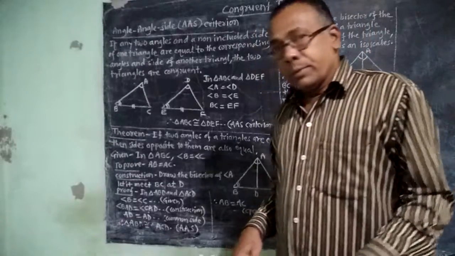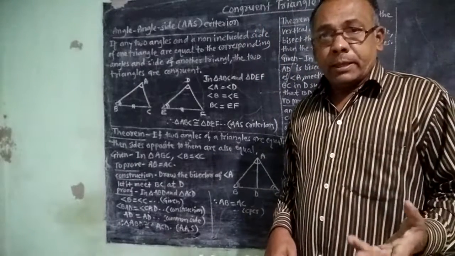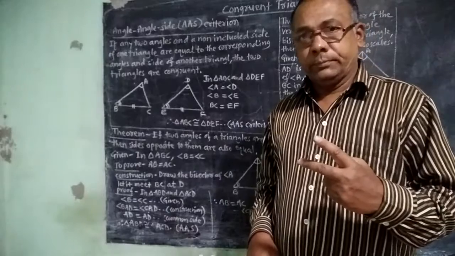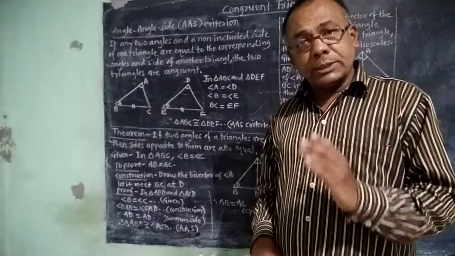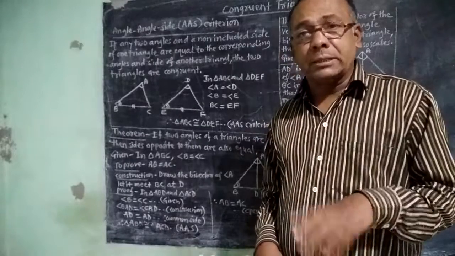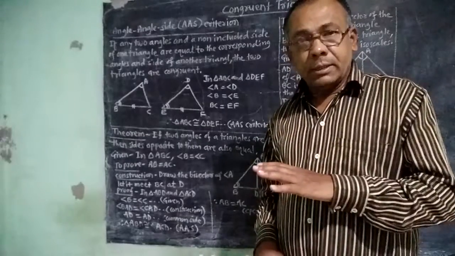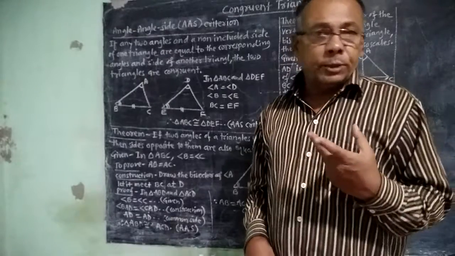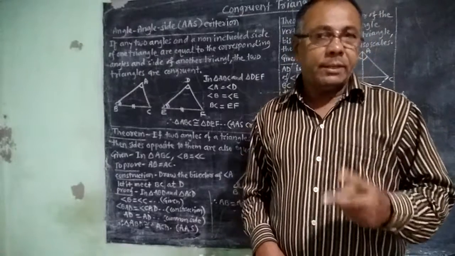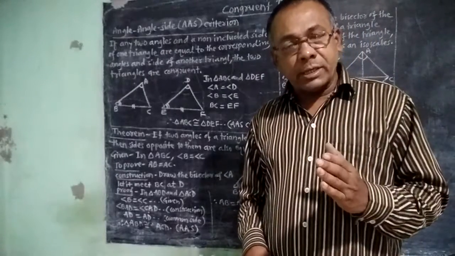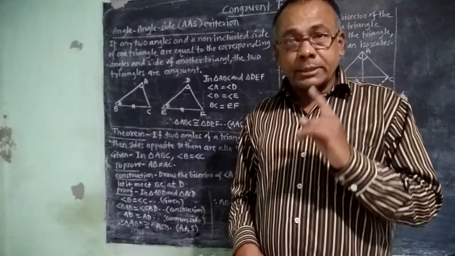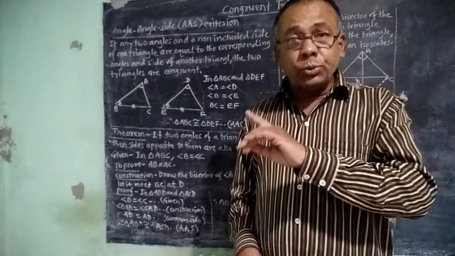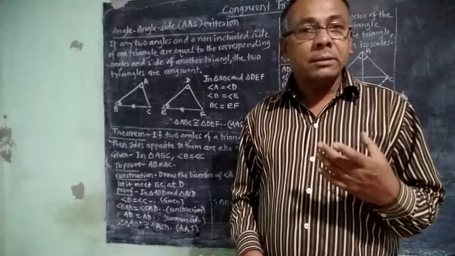Now we have to prove that if two angles of a triangle are equal, then the sides opposite to the equal angles are also equal. Again, if two angles are equal, the triangle is isosceles, and we have to prove that the sides opposite to equal angles are equal.